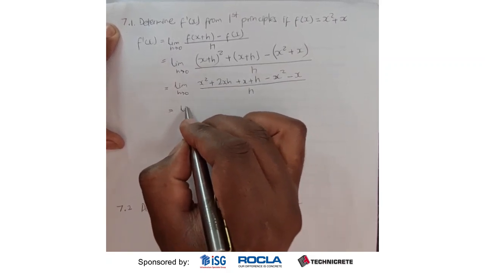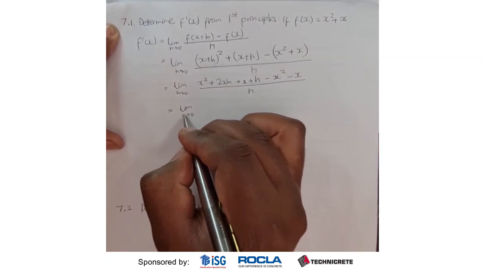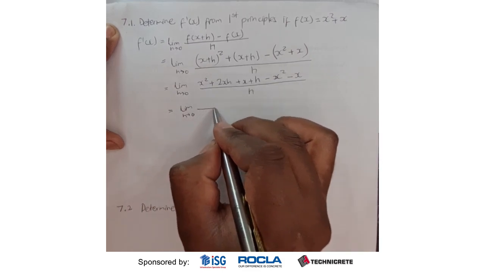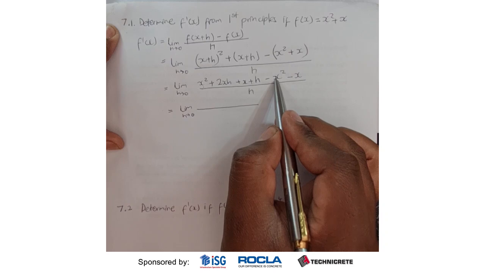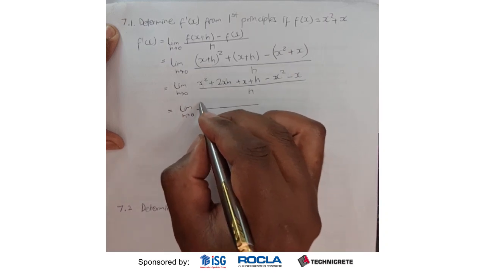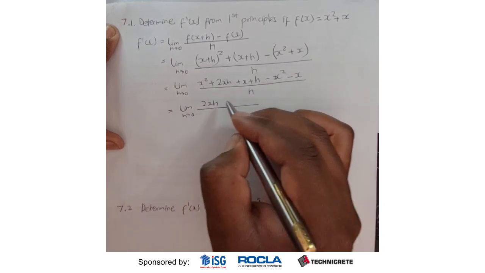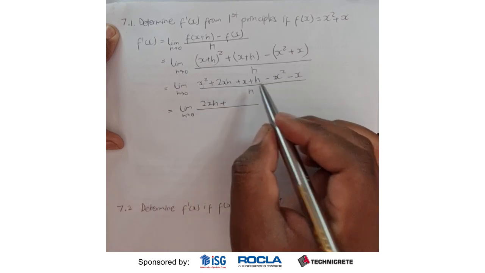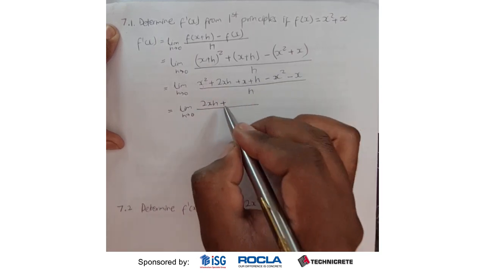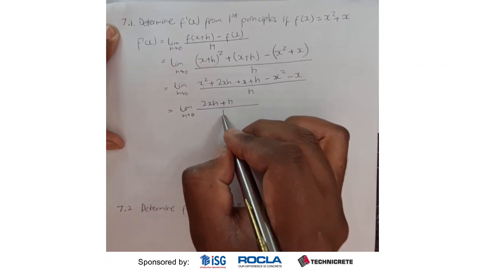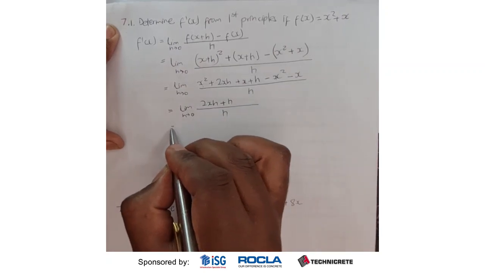And now that's the limit of h tends to 0. x squared and x squared cancel each other out. We have 2xh. We have the plus x and the minus x canceling each other out, and we're left with h. And this is all over h.